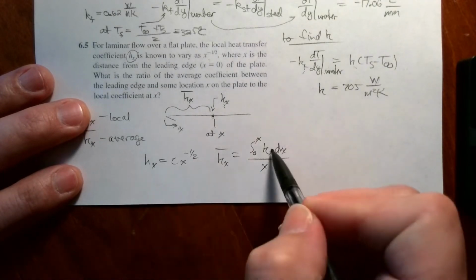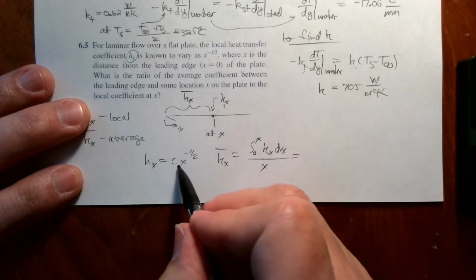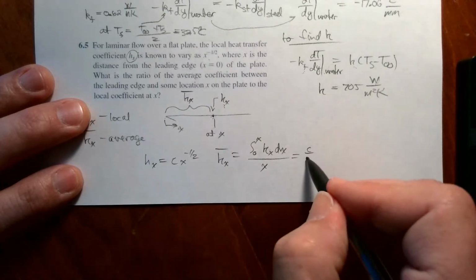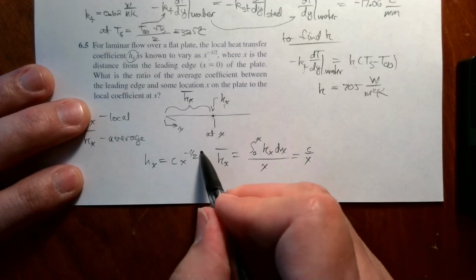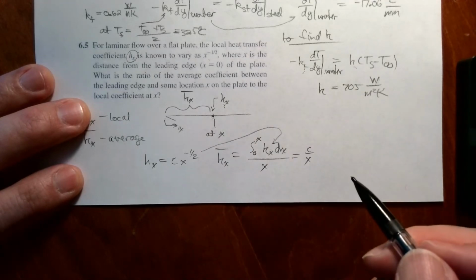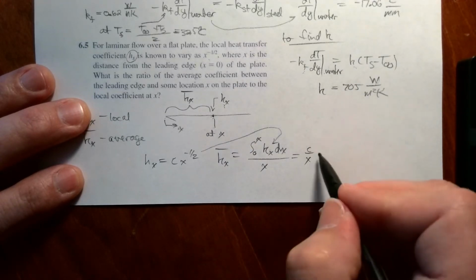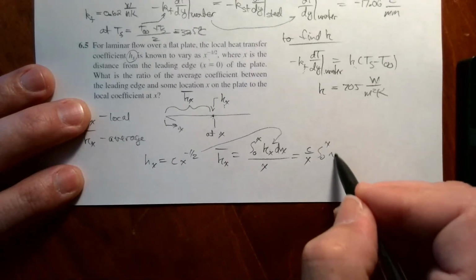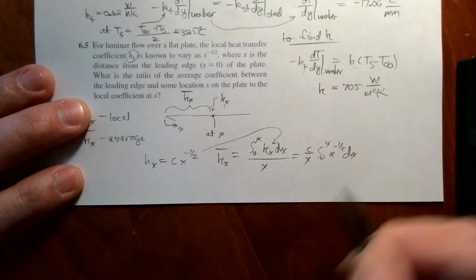The constant comes out front, so this will be C over X, and I'm left to integrate X to the minus 1/2 dx.